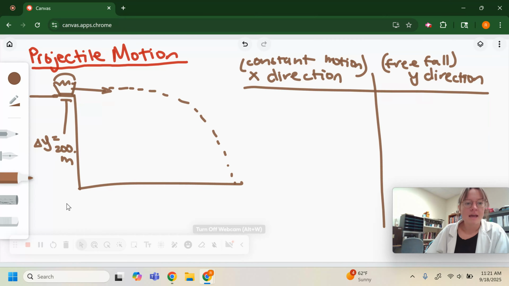And now suppose that you know that you can throw a muffin with an initial velocity in the x direction of, let's say, something reasonable like 10 meters per second. That's pretty fast. That's not too bad. Now, let's say I ask you, how far away from the cliff is this muffin going to land?